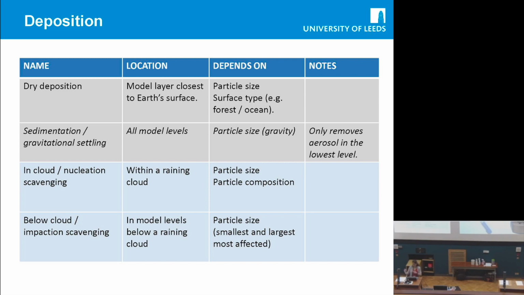That means we're actually looking at how the land surface is changing over time and understanding how that affects the deposition as well. The sedimentation and gravitational settling is essentially the force of gravity on particles that will be pulling the largest particles out of the atmosphere. But again, it's only removing them from the atmosphere in the lowest level. Otherwise, they're just settling to the next lowest level.